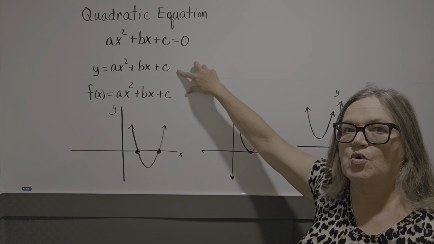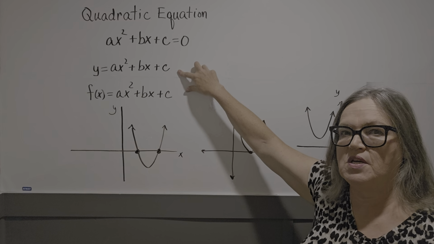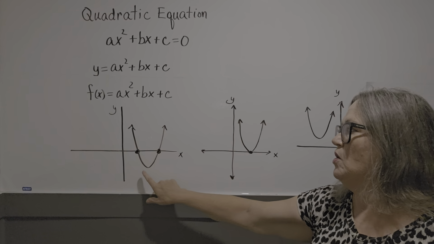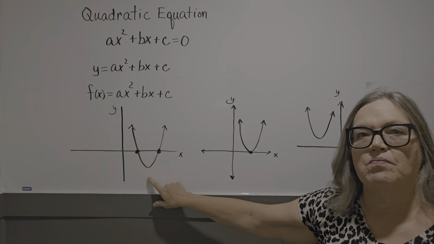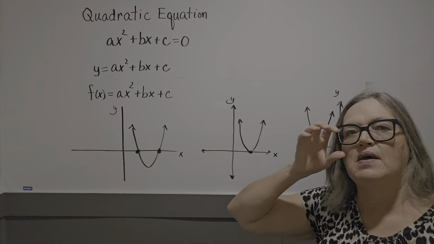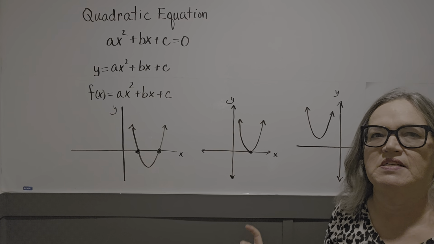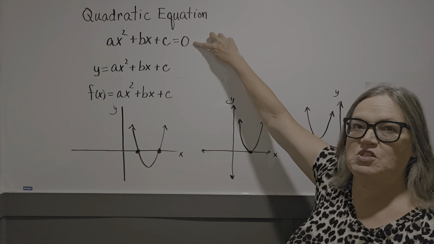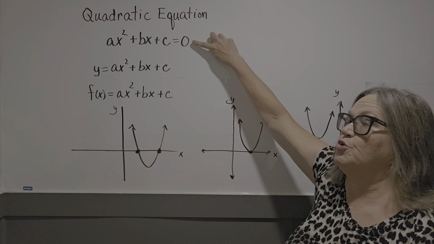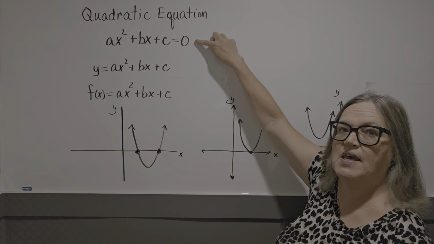And the function describes a collection of ordered pairs in the xy plane, which if you graph it, looks like a parabola. And there are three possibilities, or three situations, I should say.